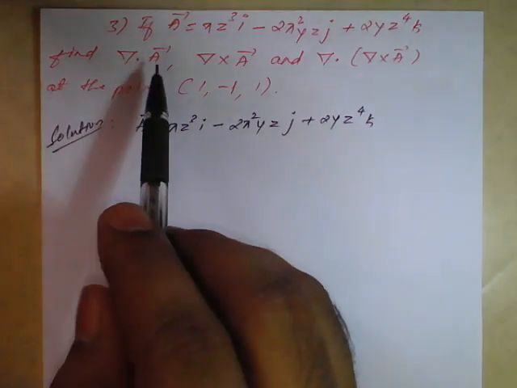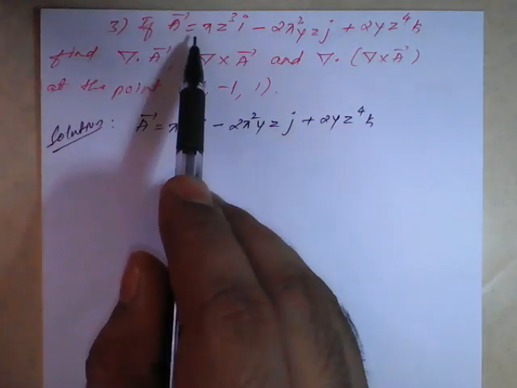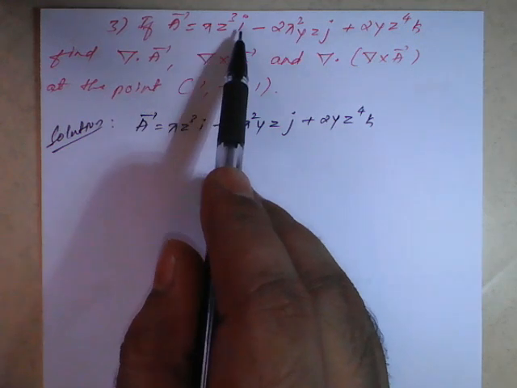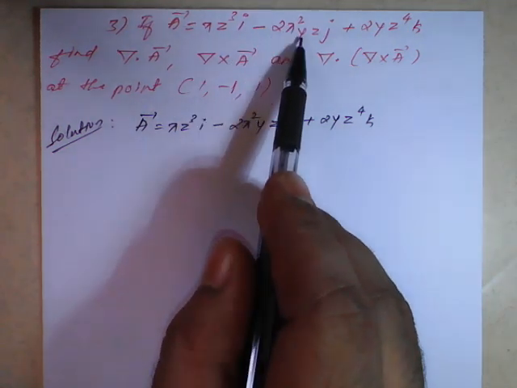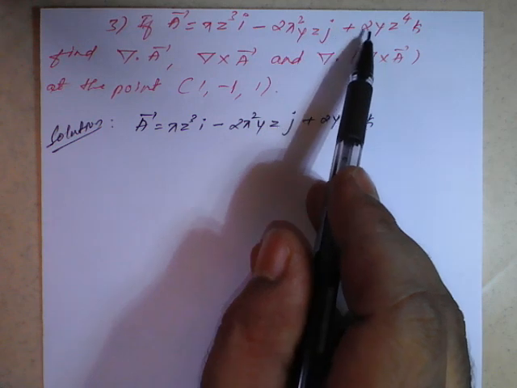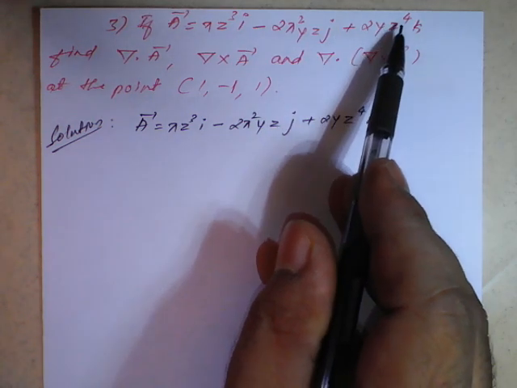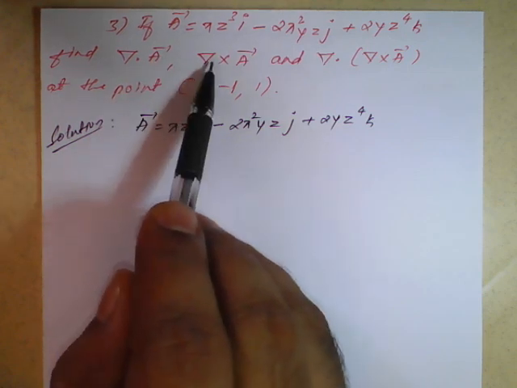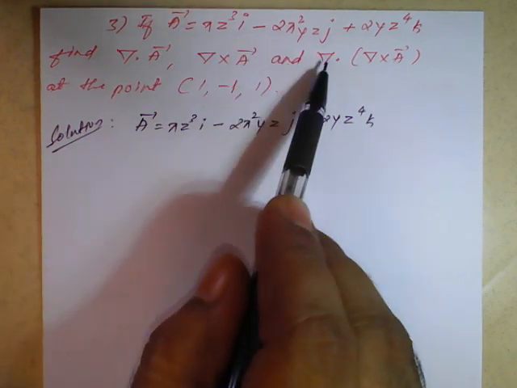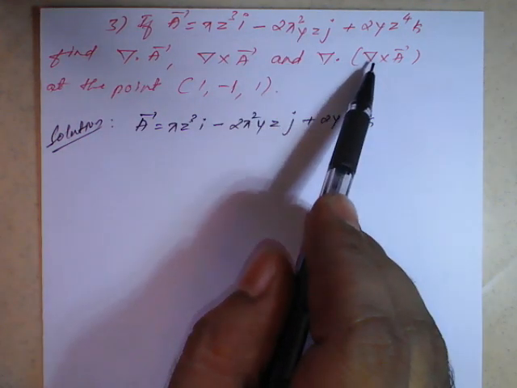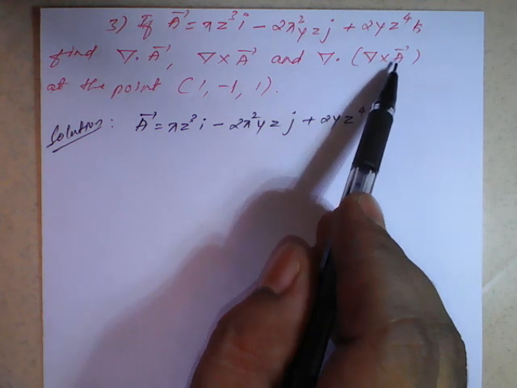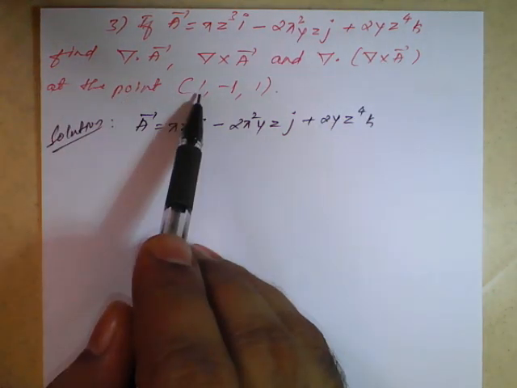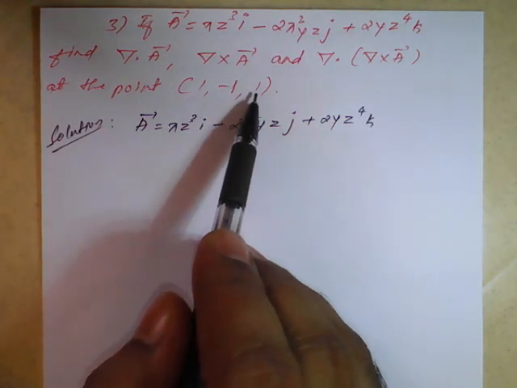So next example is, if vector A is equal to xz cube i minus 2x square yz j plus 2yz raised to 4 k, find del dot vector A, del cross vector A, and del dot del cross vector A at the point 1, minus 1 and plus 1.